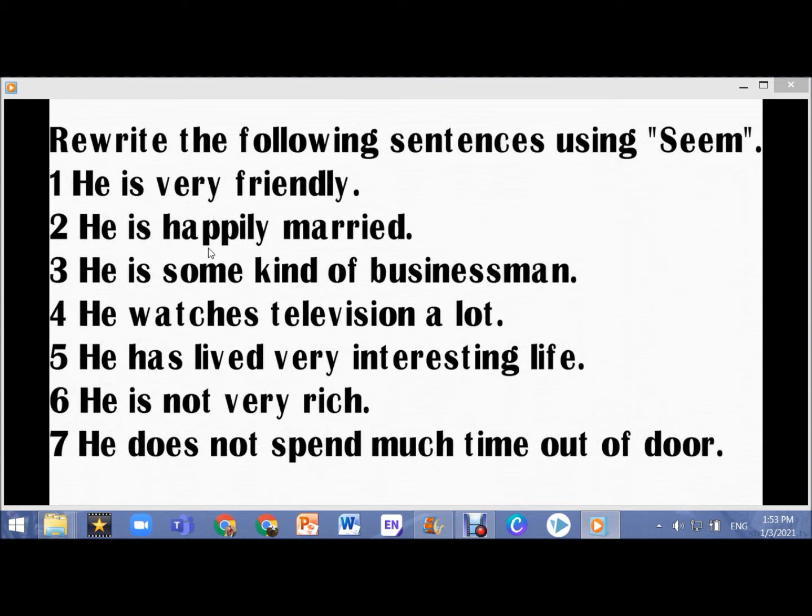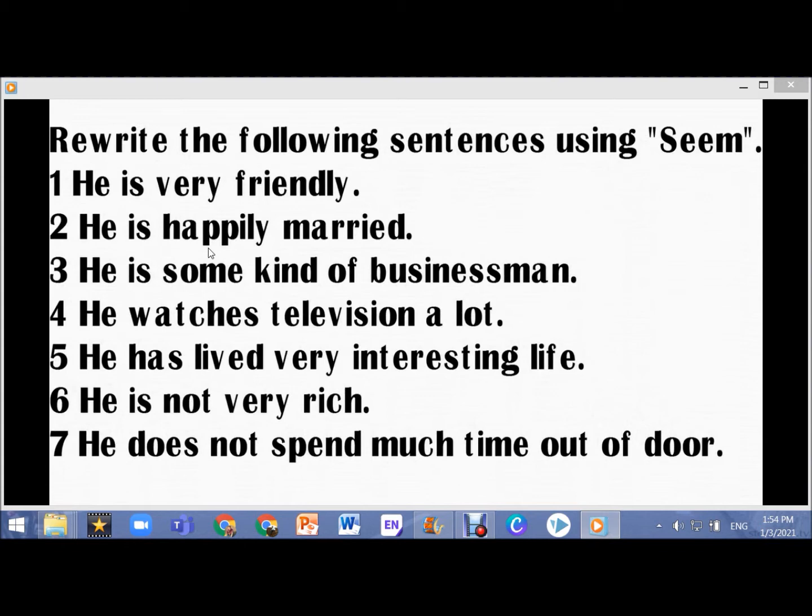You have to write he seems very friendly. Suppose he is happily married. Happily married is the same case. What to do? He seems happily married, or rather, he seems (to be) happily married. Let's write: he seems happily married.